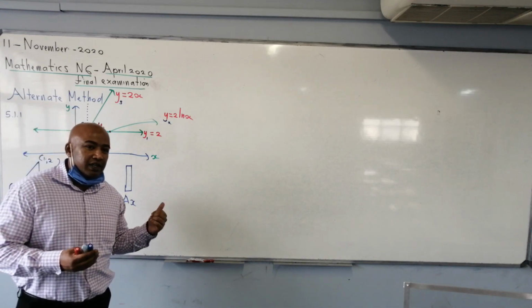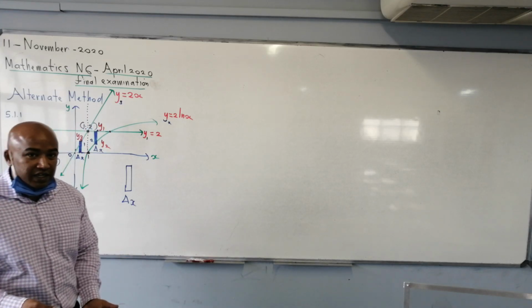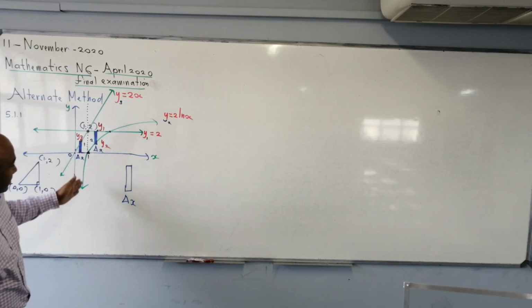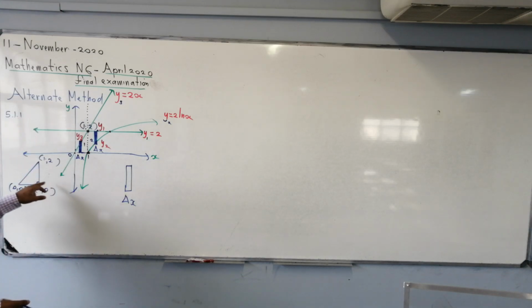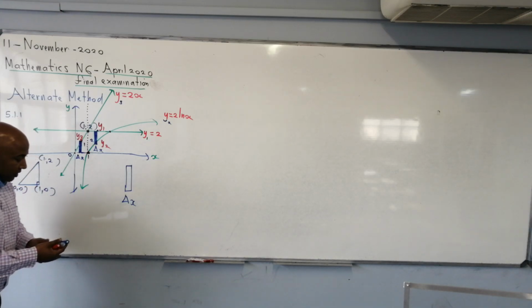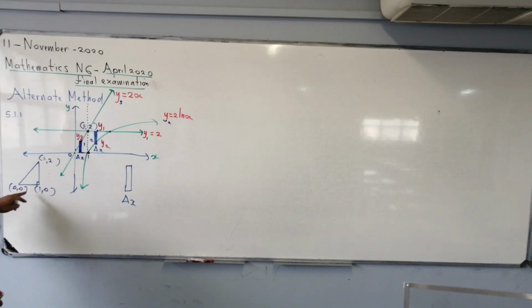Although we're not going to be using the right angle triangle formula, we will use integration. But the fact is that when you draw a straight line perpendicular to the x-axis, you have a right angle triangle. If I want to work out the area here, this area is going to equal half base times height, so that's going to be half.